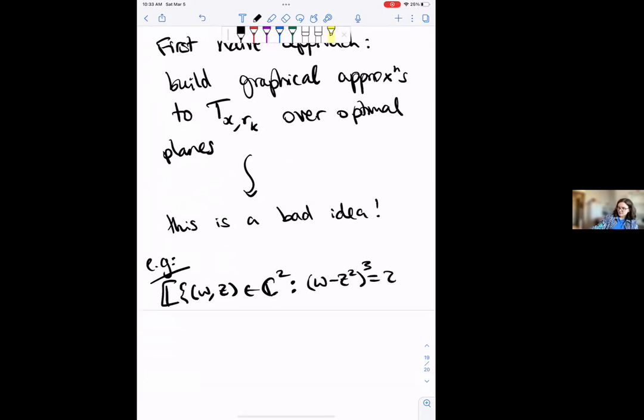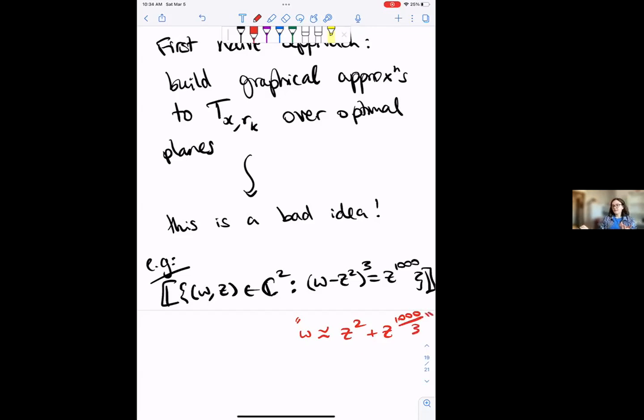Something like this, right? And this is kind of like the graph of w equals z squared plus this very high order three-sheeted branching.